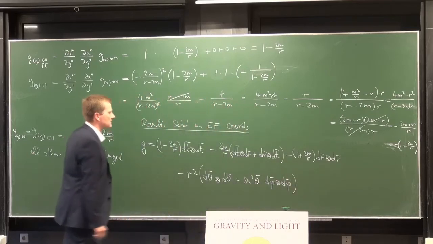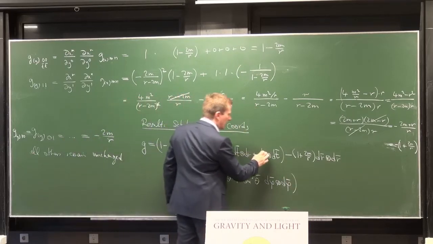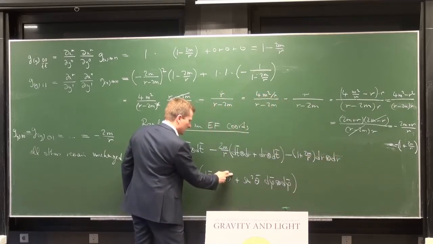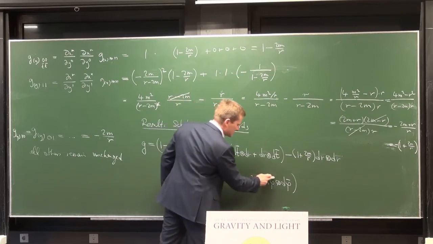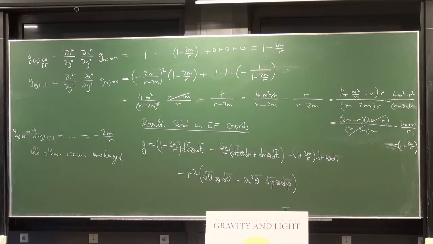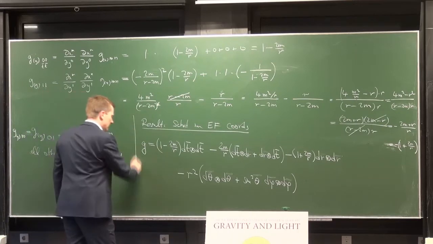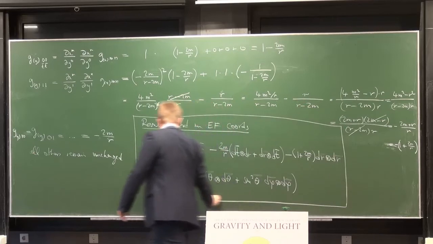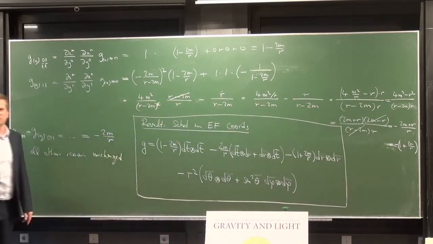But it's good custom to drop the bars on the r's, because really the r was not changed, okay? And the bars on the thetas, although very strictly speaking they belong there, but they're still the old coordinates like in Schwarzschild, okay? So this is the Schwarzschild metric in Eddington-Finkelstein coordinates, and that's a result that's useful.